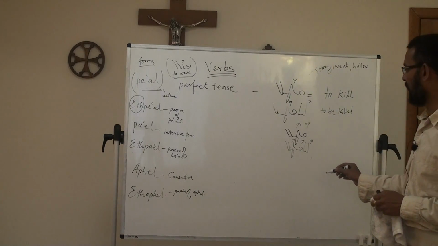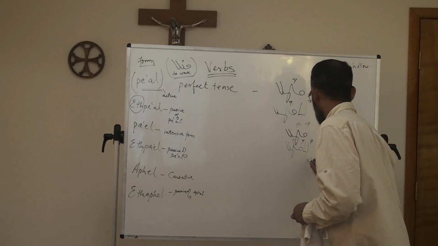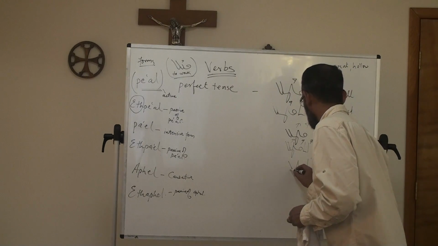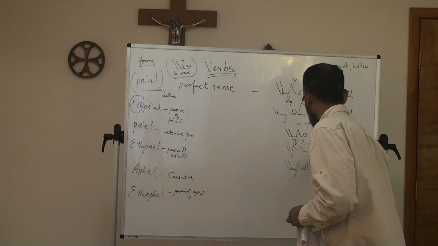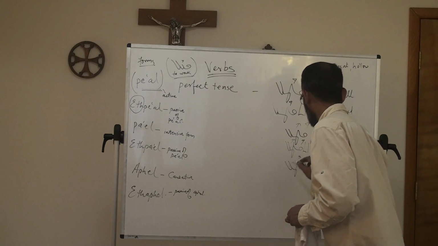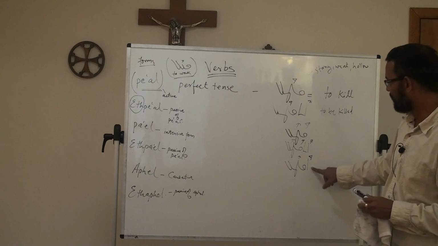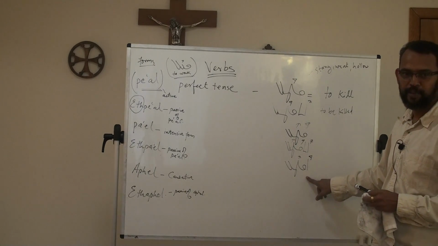Katel. And the afel will be aktel. So you add an olaf before it, will be aktel.